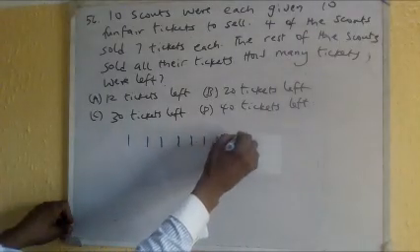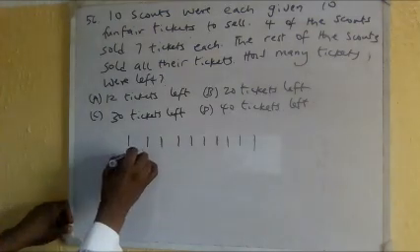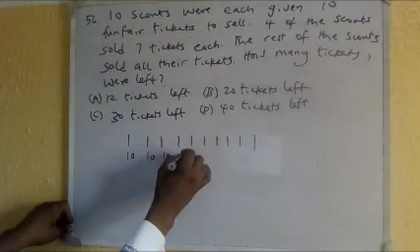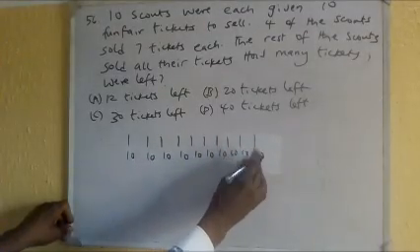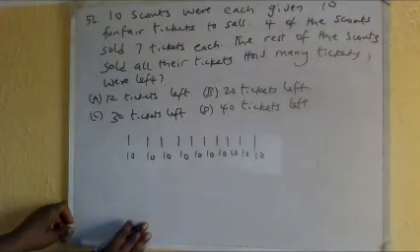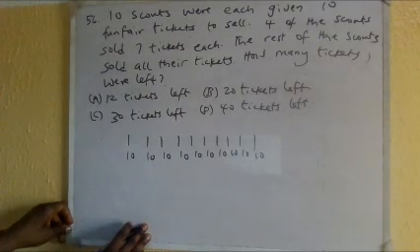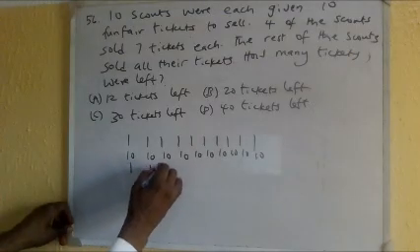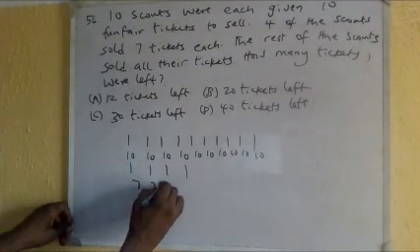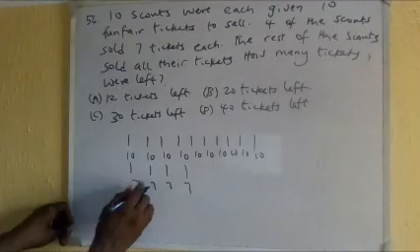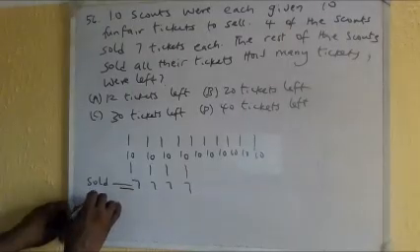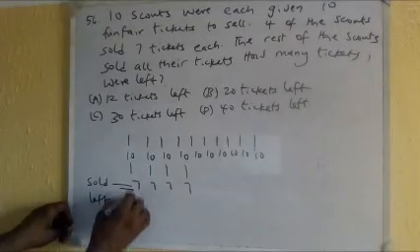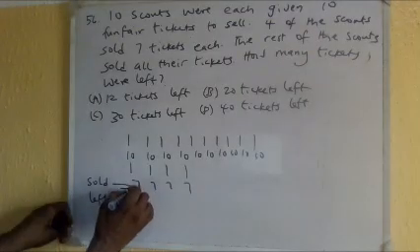So I have 10 for each of them. They said 4 of the scouts sold 7 tickets. So 1, 2, 3, 4 sold 7, 7, 7, 7. Left from 10, if you remove 7, you have 3, 3, 3, 3.